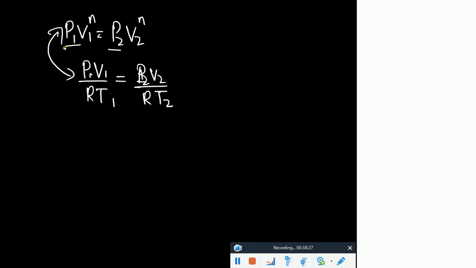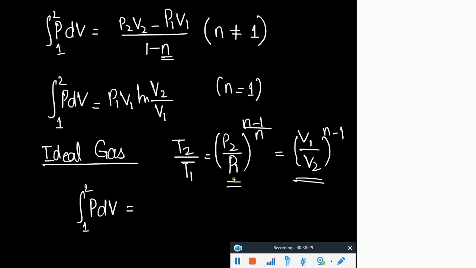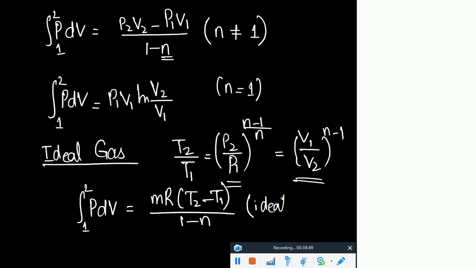So using those two relationships I can go to any one of these. It is just the substitution of one variable in terms of the other. So in that case you would have mR(T2 minus T1) over 1 minus n when you have ideal gas and n is not equal to 1. Remember that this m is the mass.